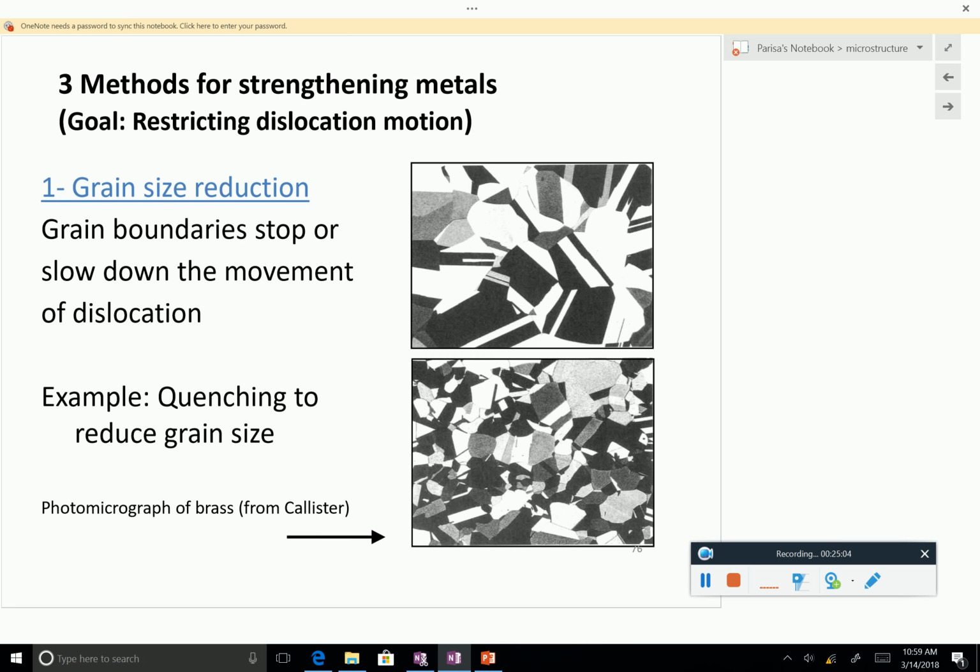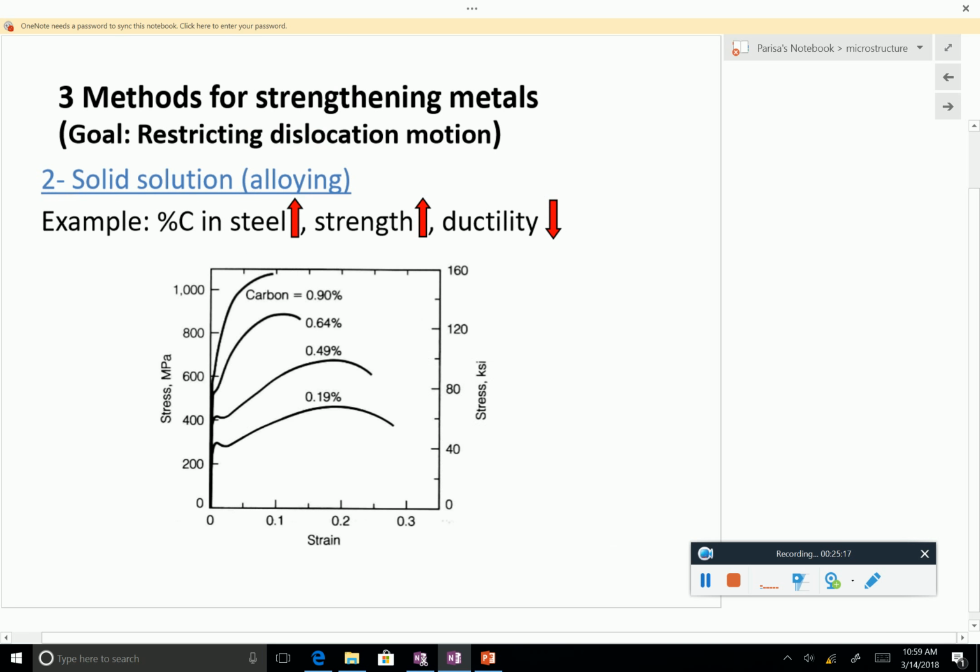So this is one method which may be new, and the reason it works is that with having more grain boundaries, you restrict dislocation motion. We just talked about alloy. If you want a higher strength steel, go for the high carbon steel. It has higher strength at the cost of having low ductility.